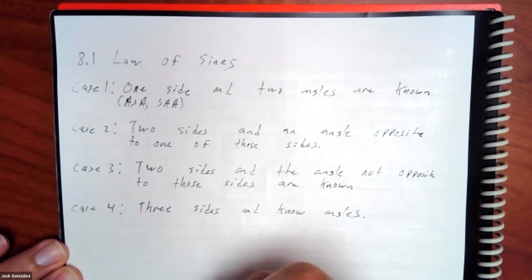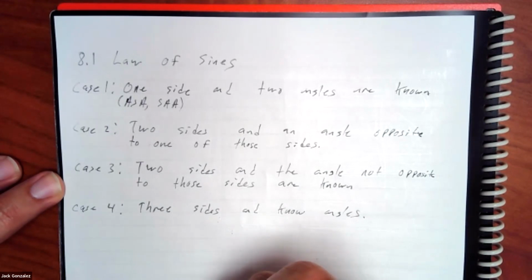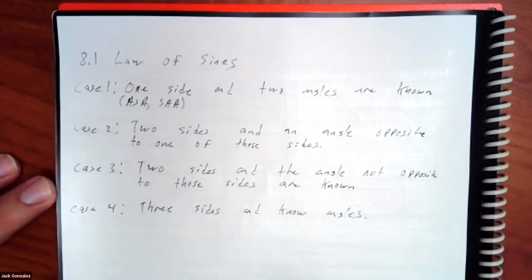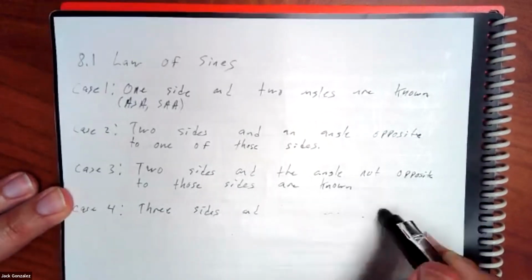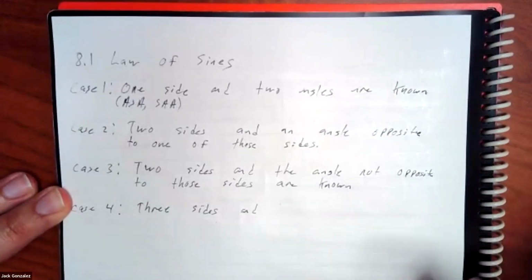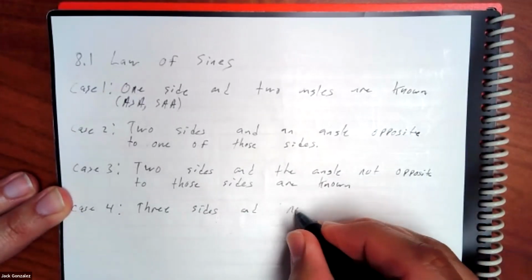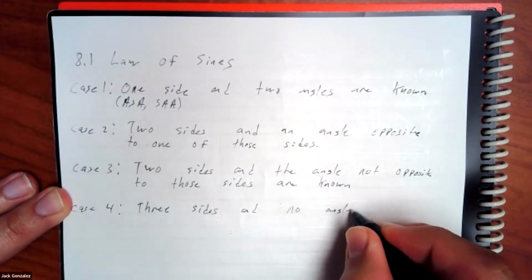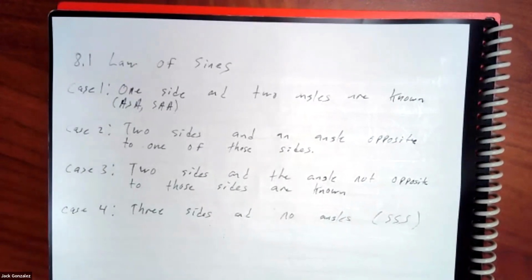Those triangles are important, solving all the sides and angles. Which angle for case 4? Oh, I'm sorry. Wasn't paying attention to myself. 3 sides and no angles. This is called SSS. Side, side, side.